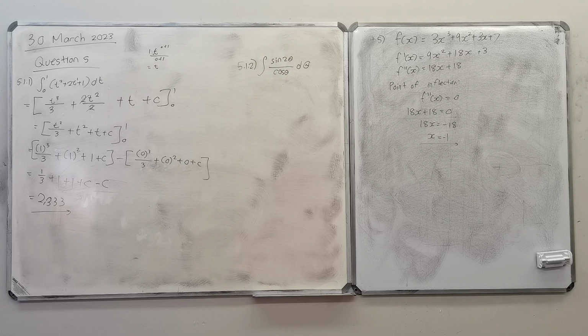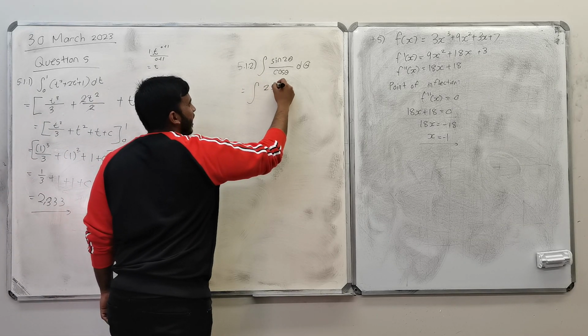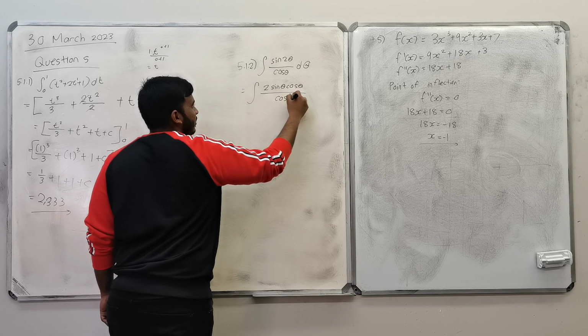Think of cheap stuff. Okay, sine over cos is... Let me stop you there. Sine of 2 theta is different from 2 times sine theta. Sine of 2 theta is a double angle. When you break it down with double angles, sine of 2 theta is 2 sine theta cos theta over cos theta.